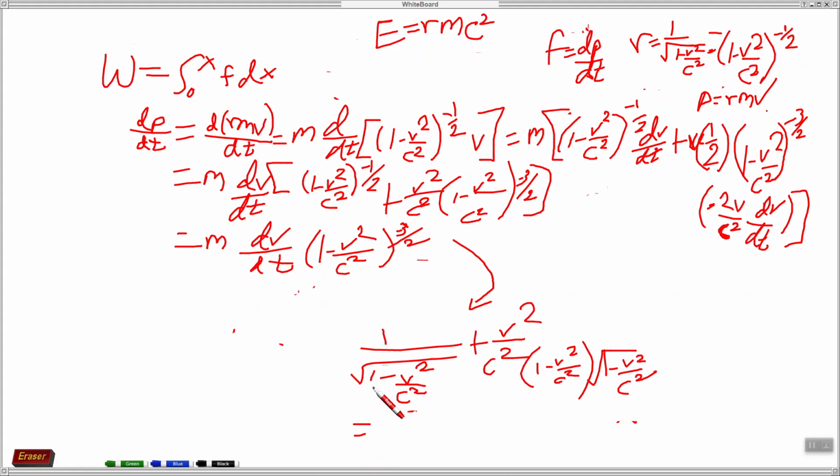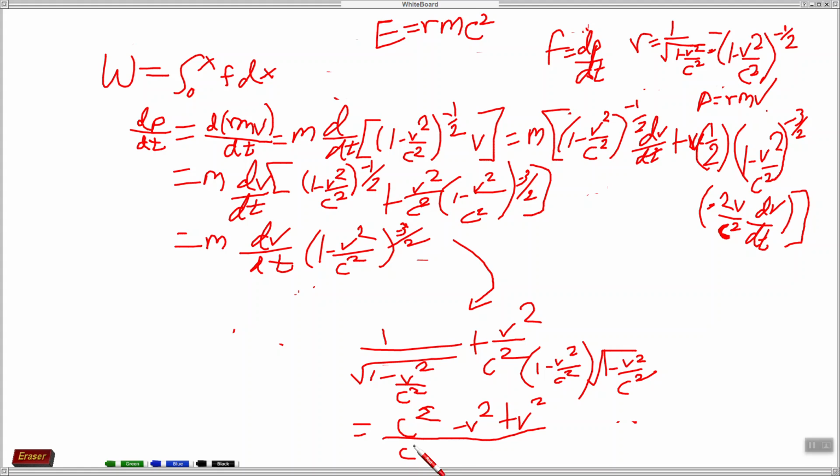Now I'm going to multiply the denominator by both c squared and 1 minus v squared over c squared here, and the same for the numerator, so that becomes c squared minus v squared plus v squared, and keep all of it up in the denominator.